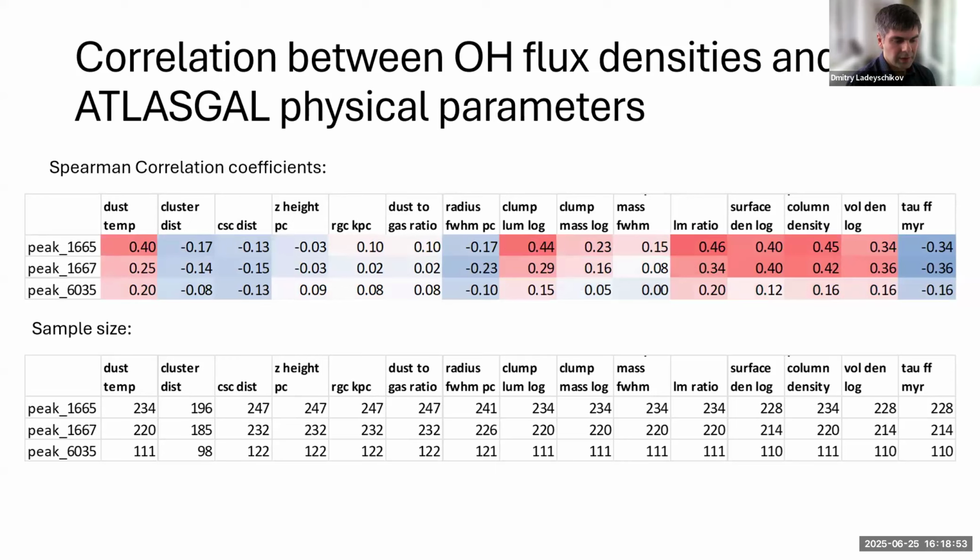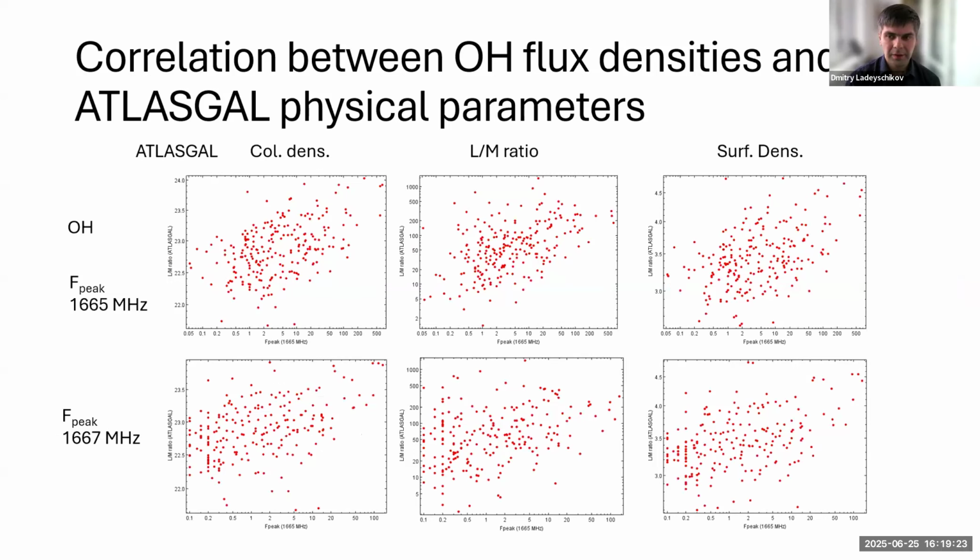If we use the Spearman correlation coefficient, it can also include nonlinear characteristics. So we also see a correlation with dust temperature, clump luminosity, and luminosity-to-mass ratio, but they are not linear. Interestingly, the correlation at 1665 megahertz is stronger than at 1667. There are some example plots of the strongest correlations, so you can judge how real they are.